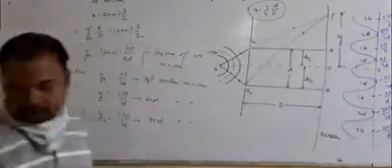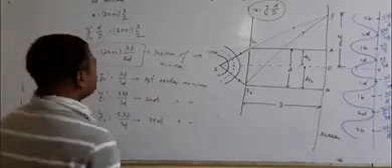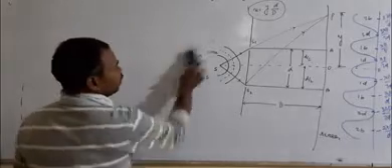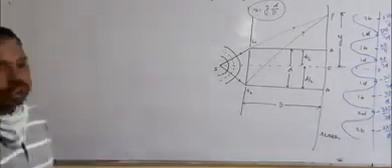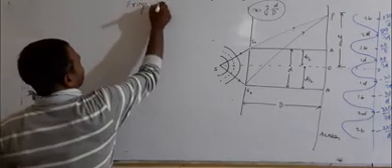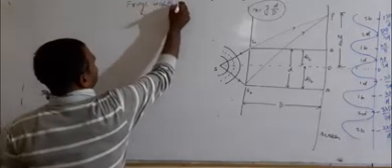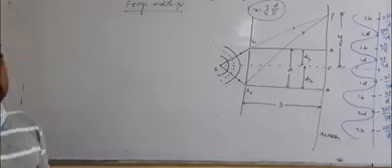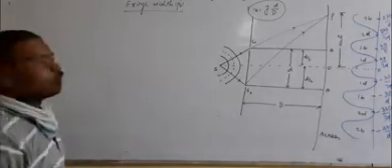Alternately it is formed. And between two consecutive maxima or between two consecutive minima, the distance is called the fringe width, beta. What is fringe width? That is the distance between two consecutive maxima or two consecutive minima.